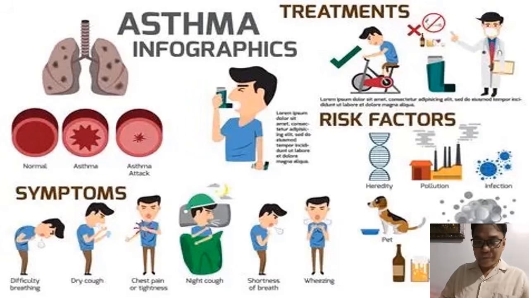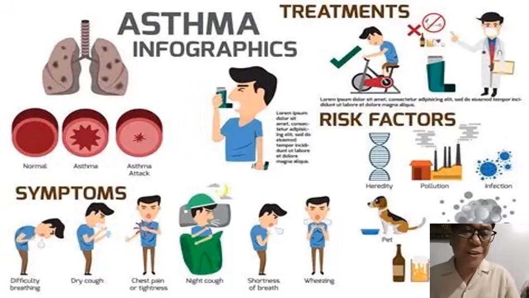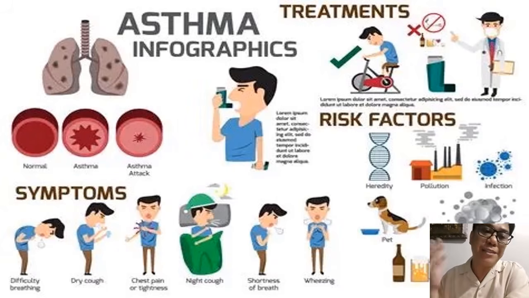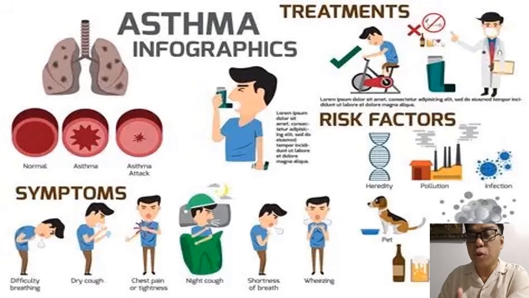Okay, so aside from those things, other signs and symptoms that they could experience: restlessness, which is a sign of hypoxia. Usually they want to be in an upright or tripod position, as much as possible, because that is the most comfortable for them.